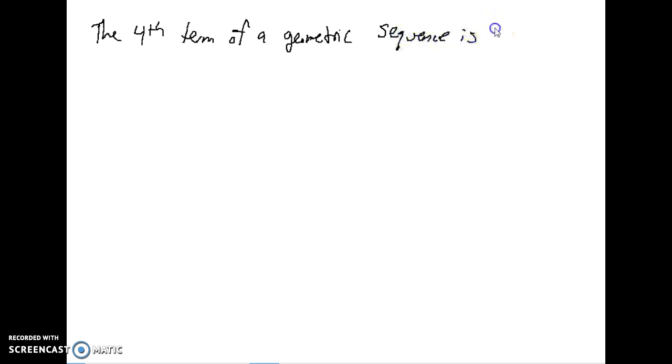So what other types of questions can we do for the geometric sequence? Another example could be this, right? The fourth term of a geometric sequence is 125, and the 10th term is 125 over 64.